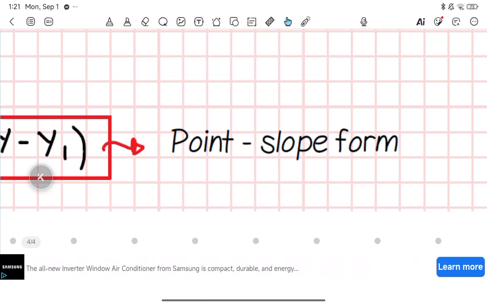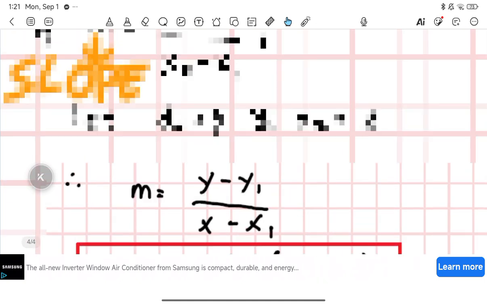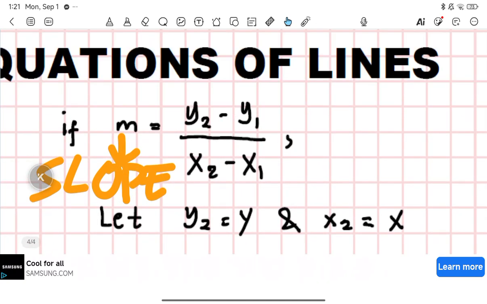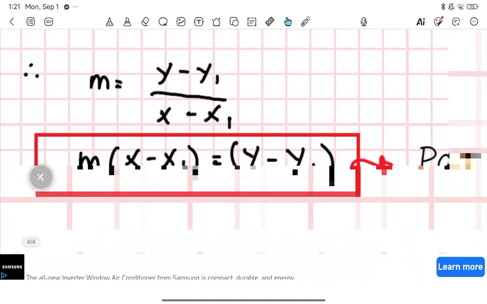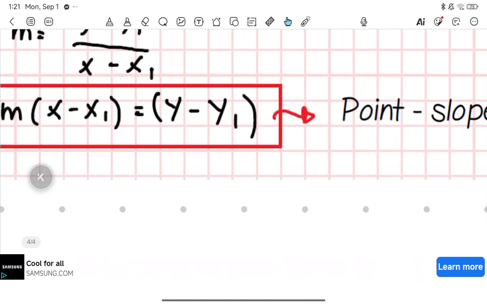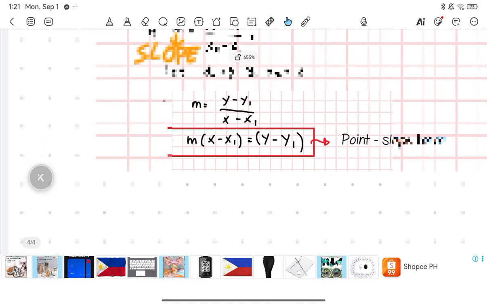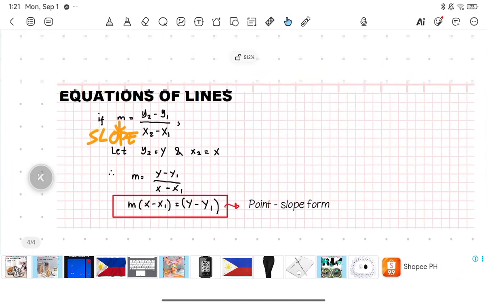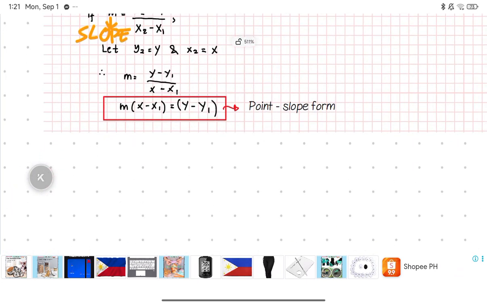Meron ka ng isang equation na nabuo. Pero sabi ko nga, kahit di mo naman masyadong alamin pa yan or tandaan pa yan, as long as alam mo naman yung slope formula, goods ka na. Di ka naman mawawala siguro, diba? Ayan, so siya si point-slope form, na magagamit nyo doon sa sunod na problem, ha?